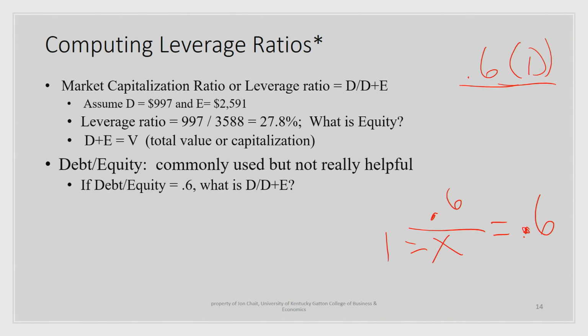Now we want to have debt plus equity on the denominator. We know debt is 0.6. We're told that. And we just found out that equity is 1. So that equals 1.6. So in this case, the way to calculate the leverage ratio is to make this modification.